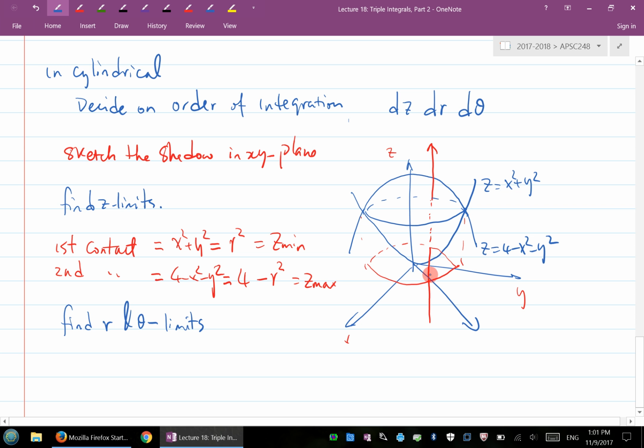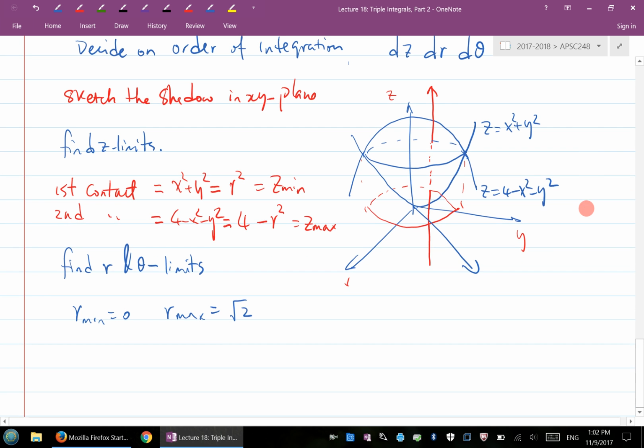This is a circle, so r min is 0 and r max is the radius, which we found in the previous step: root 2. Then for theta min and theta max, you sweep these reading lines across the whole shadow, which of course is 0 to 2 pi, because it's a full circle.